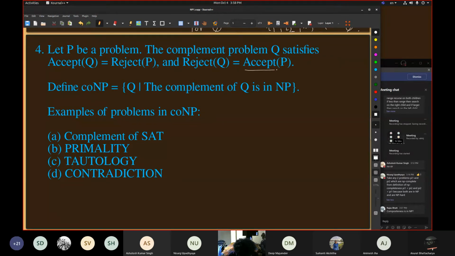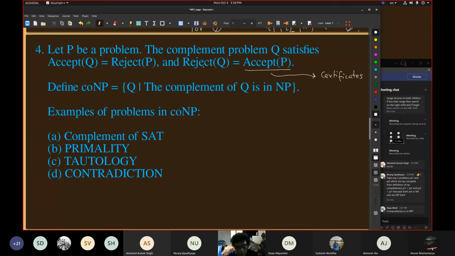So this accept P has certificates. For example, a compositeness certificate is a non-trivial divisor of the number. Now, rejection does not have certificates for a problem in NP.